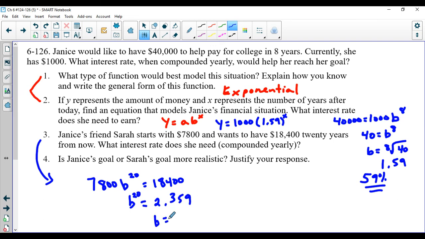And I'll do the 20th root of that. And I get 1.043, so 1.04. So she needs to earn 4%.